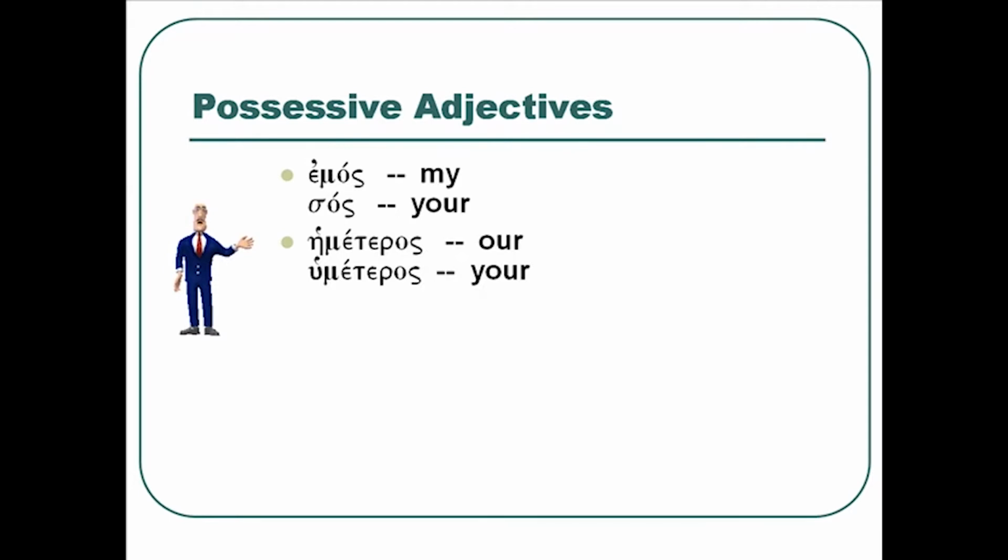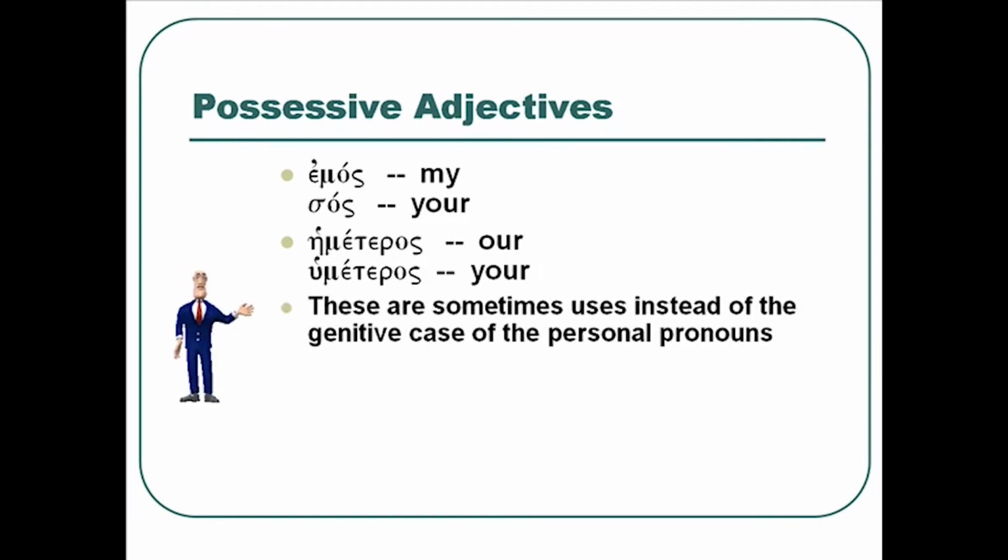Because you can kind of see the hemeis and humeis distinction there. And these forms here are used instead of the genitive case of the personal pronouns. Instead of the mou and the sou, you use the emos and sos in the nominative case to replace the genitive case of mou and sou.